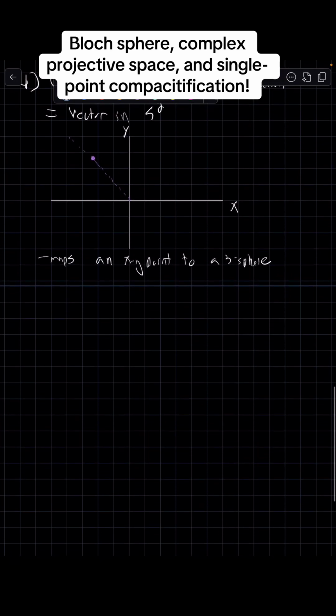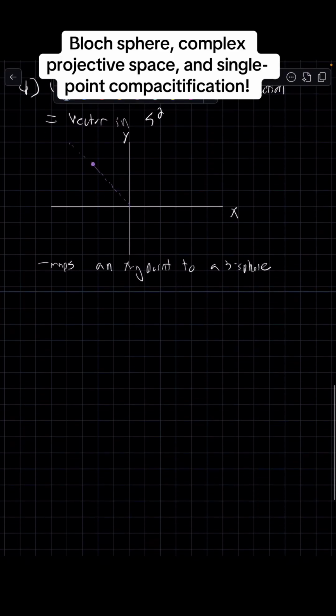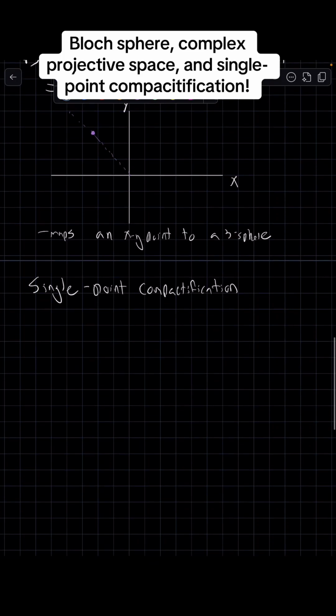Now let's take some limits. Now we need to do single point compactification. We can close this by defining a limit.